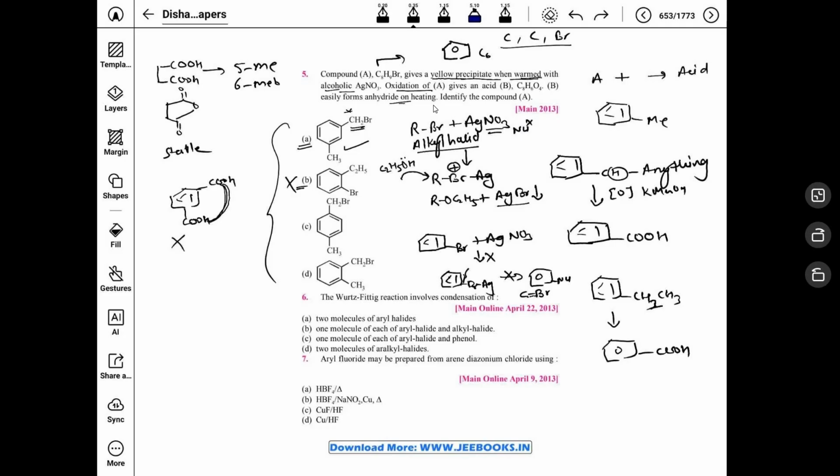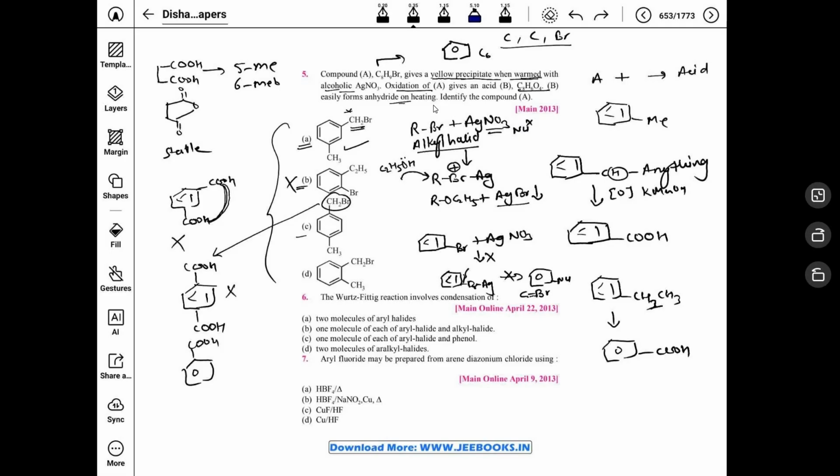Okay, let's look at option C. Option C is also the same: this part oxidizes to give carboxylic acid, and this part is also giving carboxylic acid, but it cannot give anhydride. It can combine with another molecule of the benzene ring to form the anhydride, but then the formula will not be like this, right? So this is also not possible.